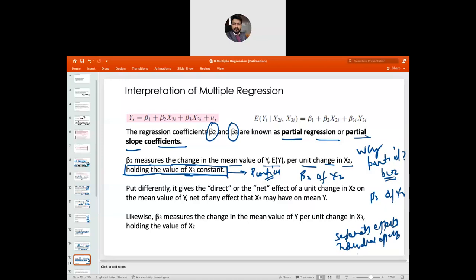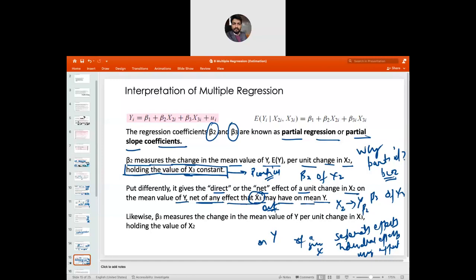Or unique effects, whatever you call it, of a given x on y, keeping other x's out of the equation, as if they don't exist, right? So we are trying to measure the direct or the net effect of a unit change in x2 on the mean of y. Net of what? Net of any effect that x3 may have on y. So we want to keep x3 out when we are measuring the effect of x2 on y through beta 2, right?